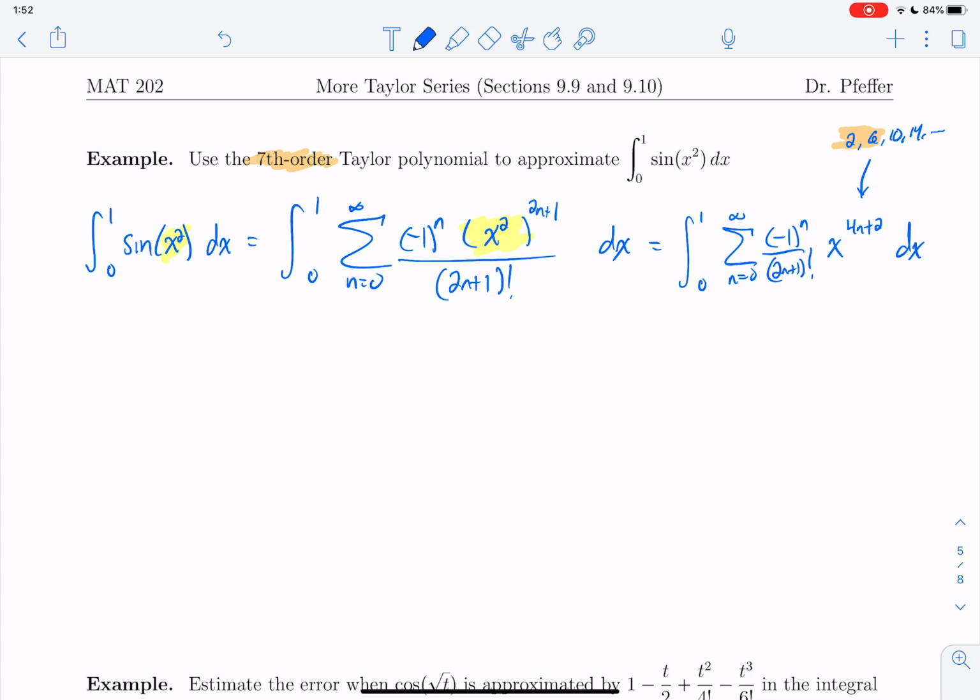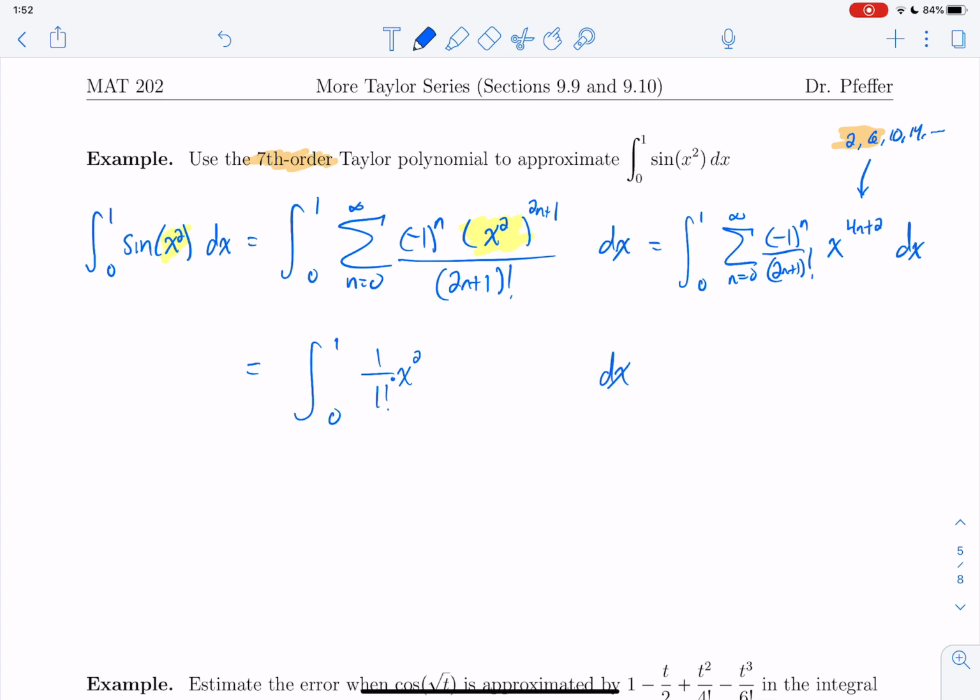So what that means is that the approximation I'm looking for is simply the integral from 0 to 1 of the terms that don't exceed 7, which is just going to be the first two terms. When n is equal to 0, I'm going to get 1 over 1 factorial times x squared.